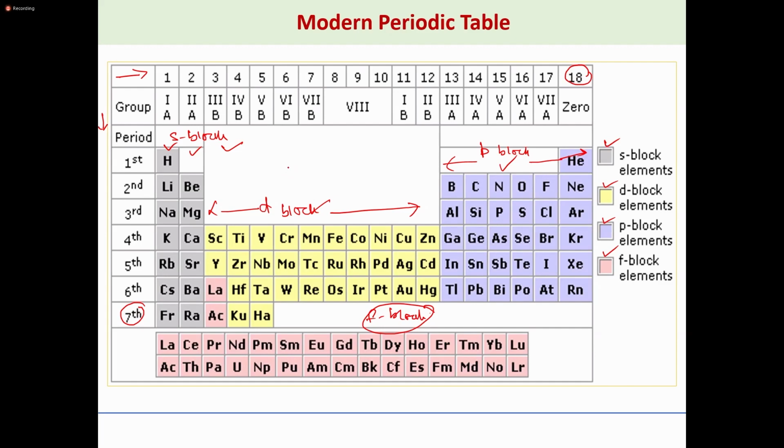So this modern periodic table has four blocks, S, D, P, and F, and it has seven periods and 18 groups.